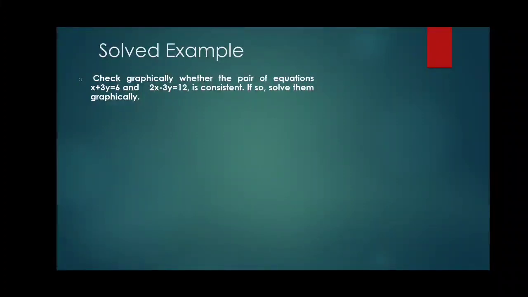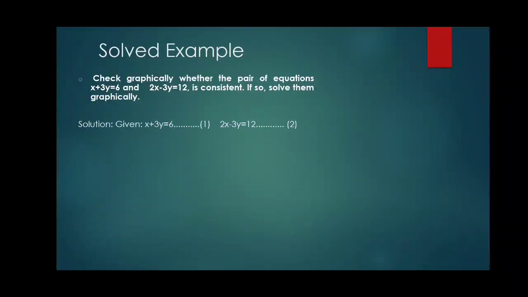Consistent means we have to check whether they have one or more common solutions between them. If they are consistent, then solve them graphically. So first we have to plot the graph and see whether they are consistent, and then, if they are consistent, we have to determine the solution from that graph.